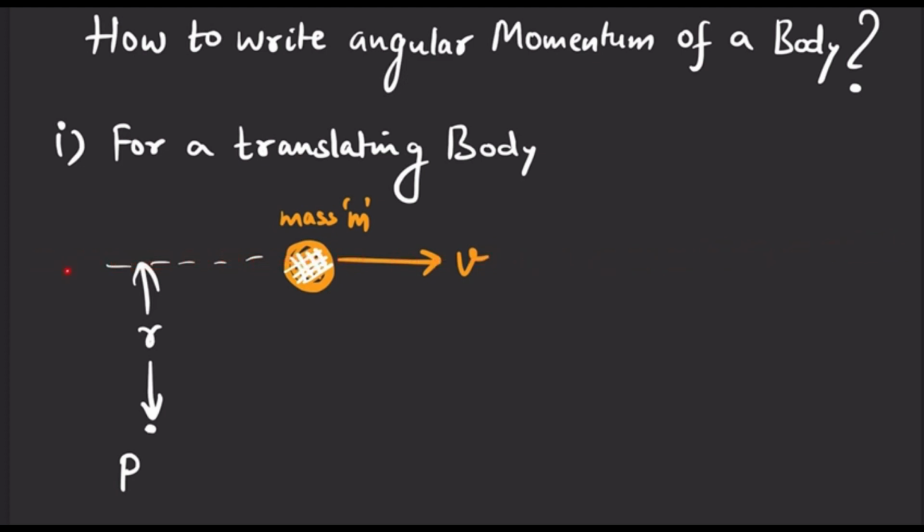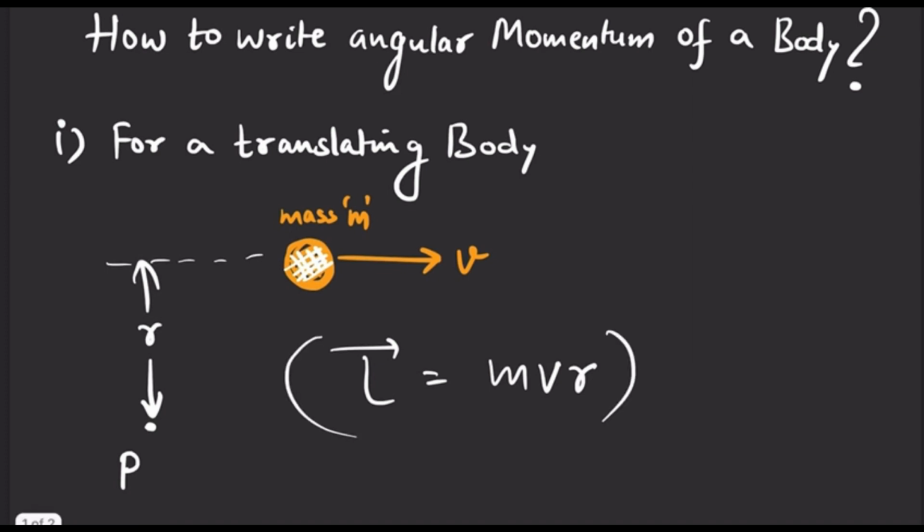What is the perpendicular distance of the line of motion from point P? That is simply r. So the angular momentum of the particle about point P will be mv into the perpendicular distance, which is r. So the angular momentum of this particle about point P is simply mvr.